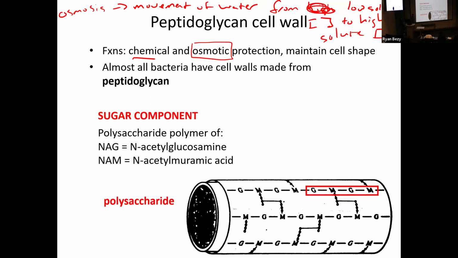And what happens is it makes these polysaccharides. What's a polysaccharide? What does poly mean? Many saccharides, many sugars joined together. In this case, it creates a polysaccharide chain of NAG and NAM sugars, but they actually just go like this: NAG, NAM, NAG, NAM, NAG, NAM, NAG, NAM.